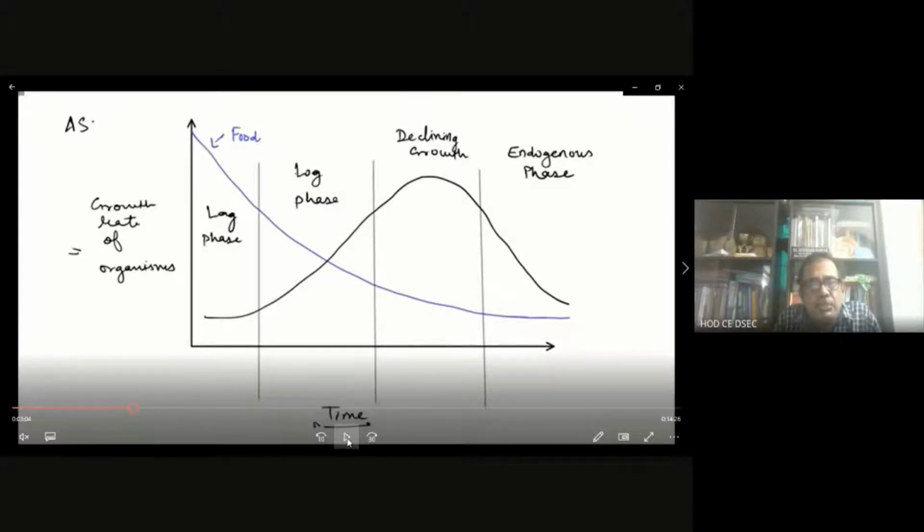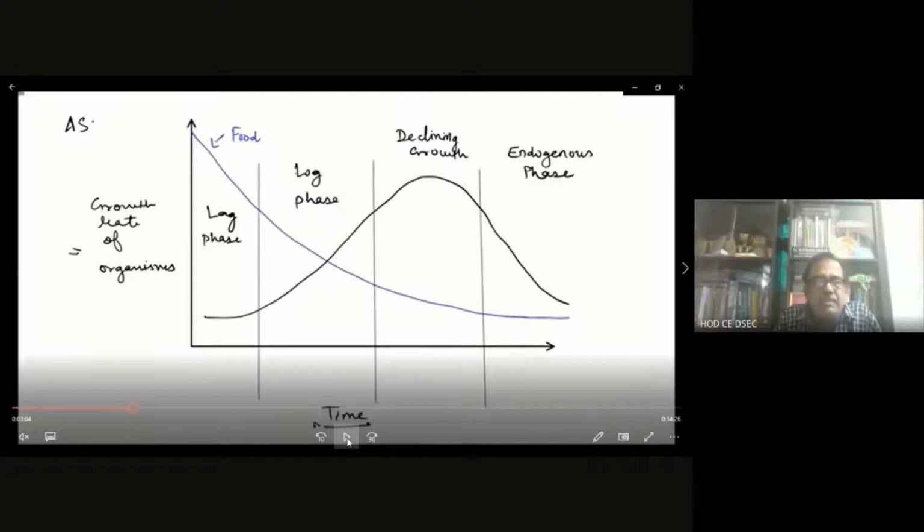The biomass will not be in growth condition. There will be no growth in biomass in spite of the food, that is the substrate, the organic matter present in the wastewater, because, as I have told you, there is an acclimatization, an adaptation process that the biomass requires to adapt to that carbonaceous organic matter. So initially we can't expect growth of the biomass immediately on adding the substrate. So that is called the lag phase.